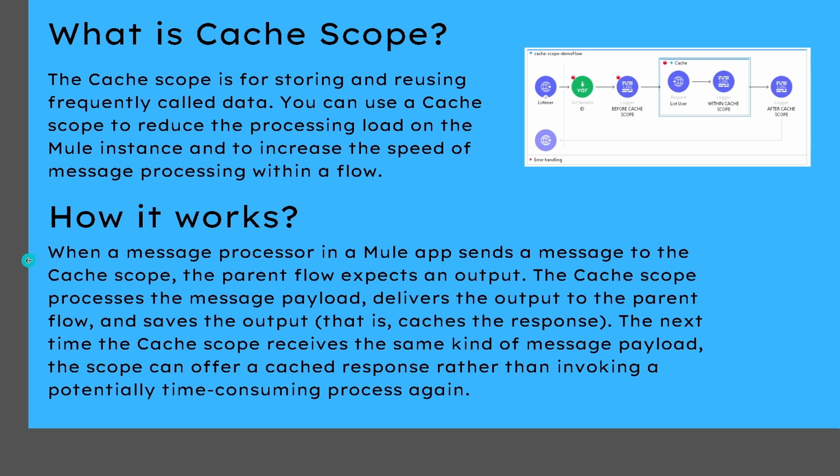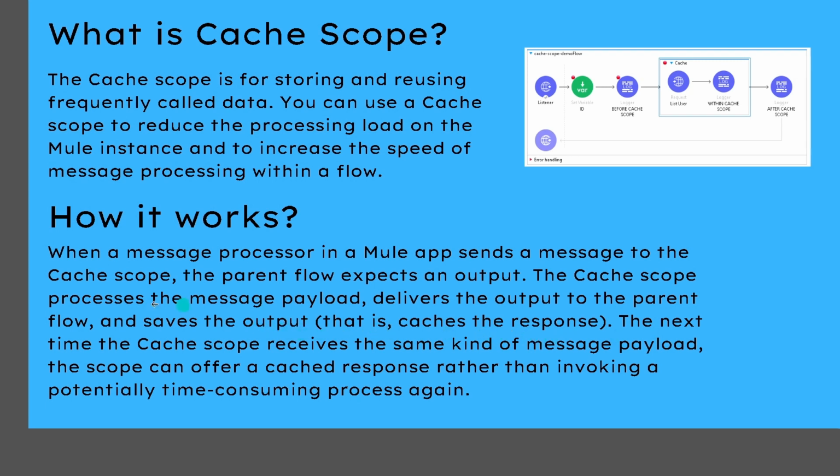Here it is written: when a message processor in a Mule app sends a message to a cache scope, the parent flow expects an output. The cache scope processes the message payload, delivers the output to the parent flow, and saves the output, that is, it caches the response in the cache memory.